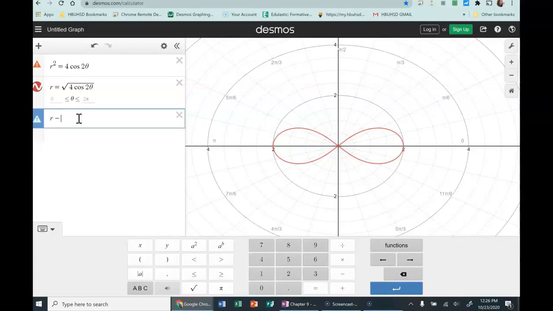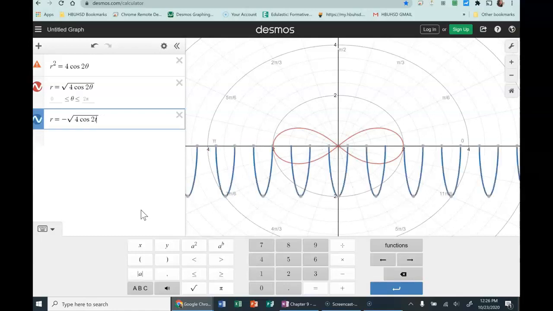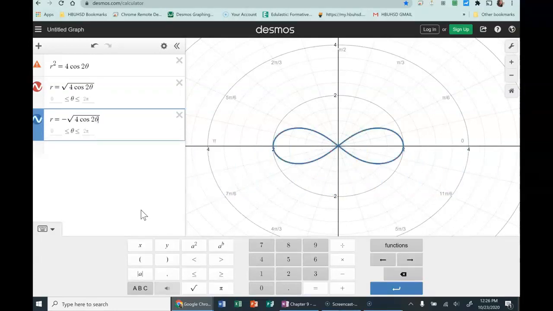What if I do r equals negative? Well, in polar coordinates, we can get the same graph, right? Negative radius is just saying that we are going in the opposite direction. But we can always get to the same spot having a different angle. There you go. So whether I put positive or negative, they're exactly the same.